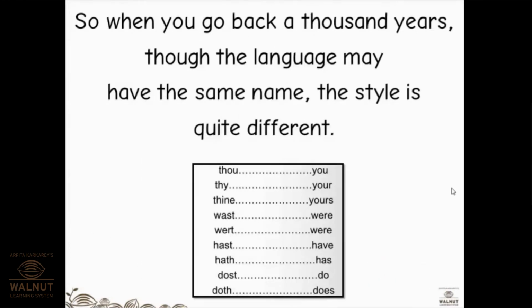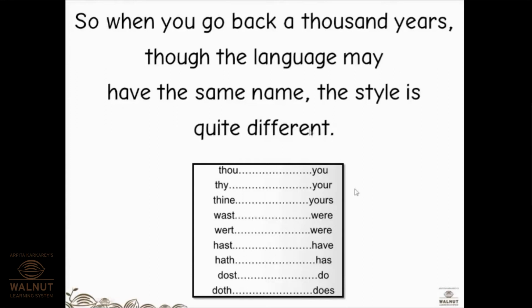So when you go back 1,000 years, though the language may have the same name, means if it is English, French, the words have changed in it. The style is quite different. Now in the old poems, you read thou, which means you, thy, that is your, thine, yours, wast, wert, and so on.